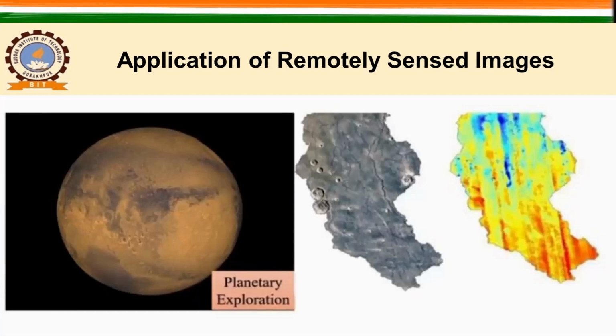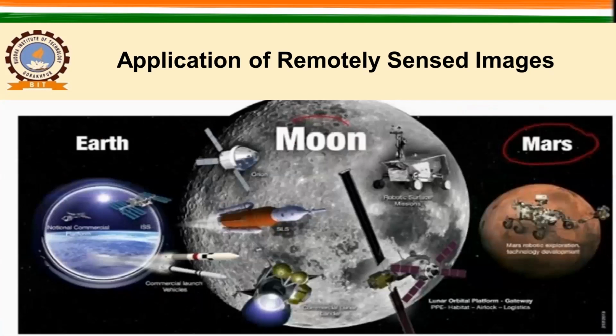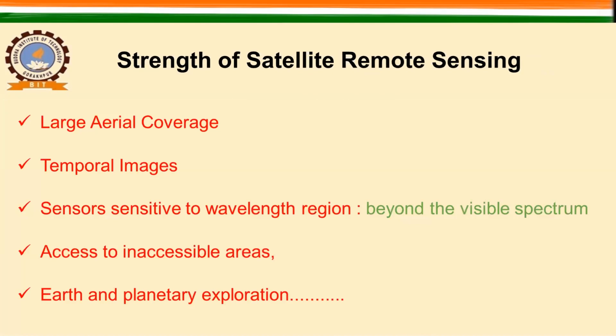This planetary exploration has been used from a very long time ago. What I want to highlight is this Earth, Moon, and Mars, and how we are exploring them. Okay. Now, so these are basically the applications of remotely sensed images. Now moving towards the next slide.